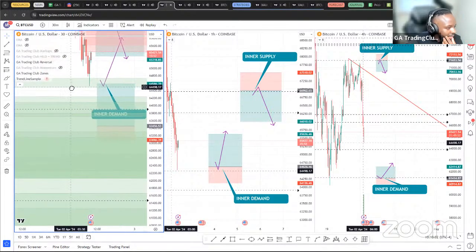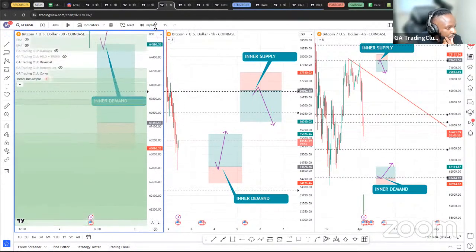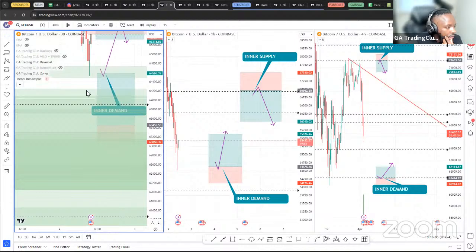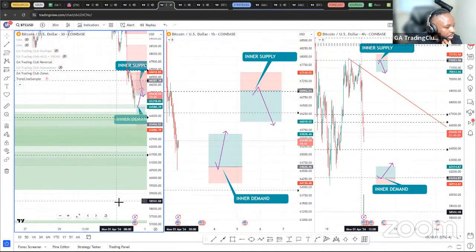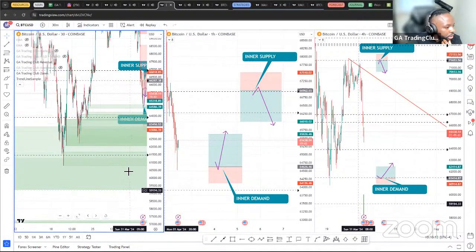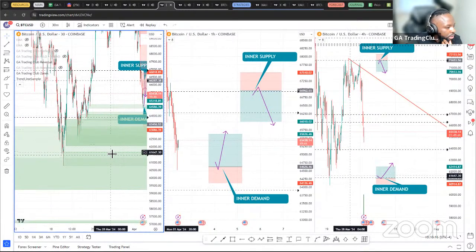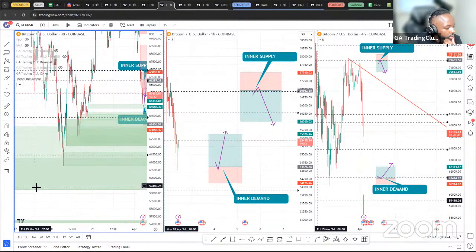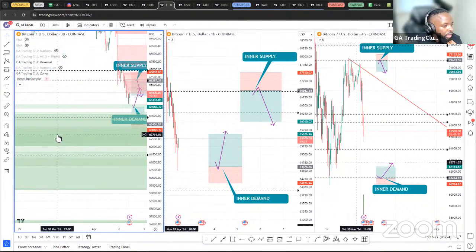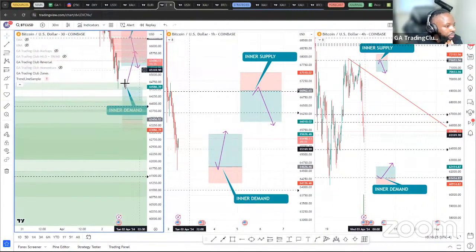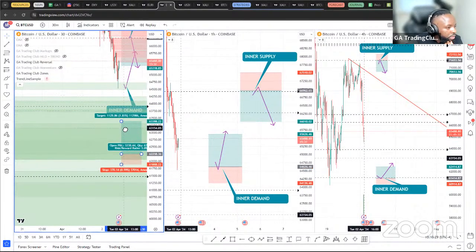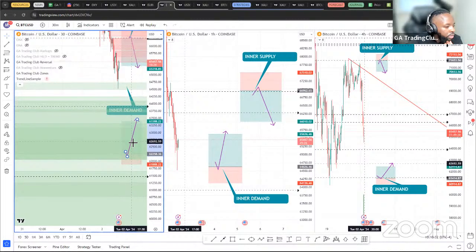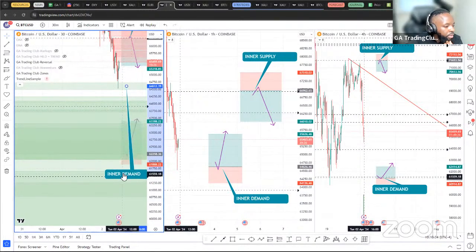So for BTC, there are zones that are this way. BTC is at 62,309. This is on the 30-minute time frame.